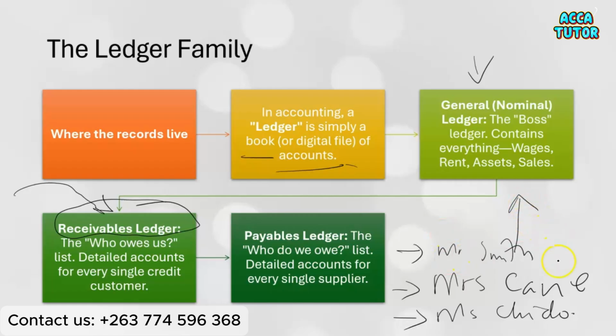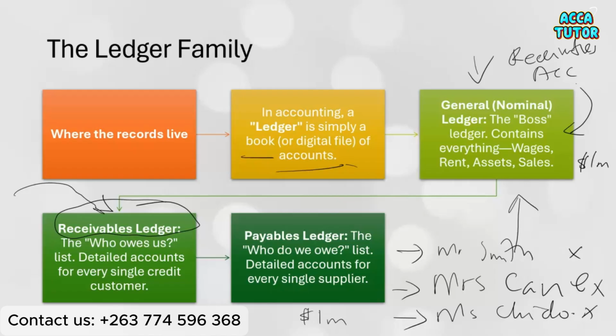These guys would be having certain balances. All right. So if we add up these balances, let's say they are $1 million. We then have to find the same figure on the receivables account, which should speak of 1 million. So the general ledger captures only the total of 1 million.